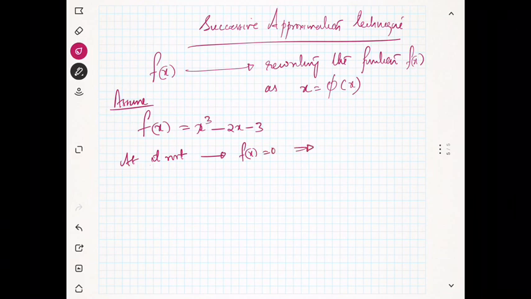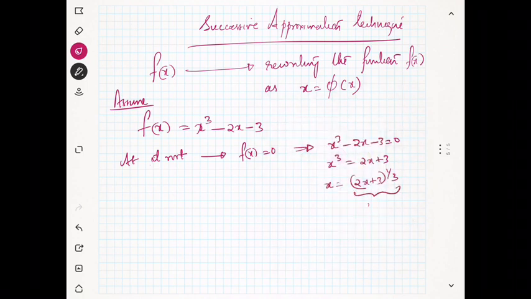That means x cube minus 2x minus 3 will be equal to 0. So we can write x cube is equal to 2x plus 3. So x is equal to (2x plus 3) whole power 1 by 3, right? That means you are calling this some phi of x and this is x, right? So you are writing a function as x is equal to phi of x. Okay, this is one example.